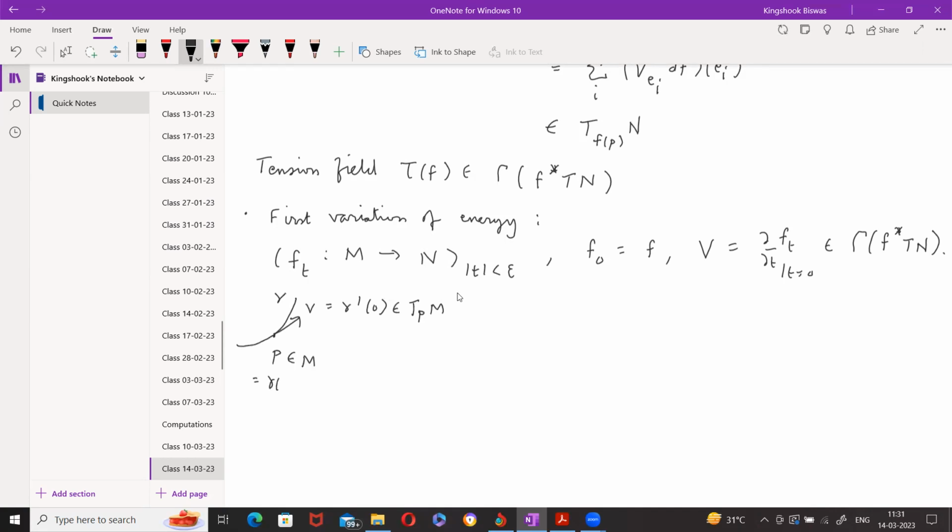Then I can look at the images of this curve under all the maps f_t.